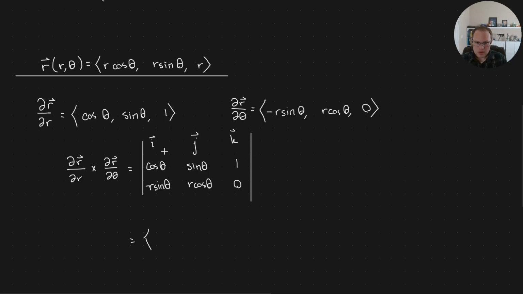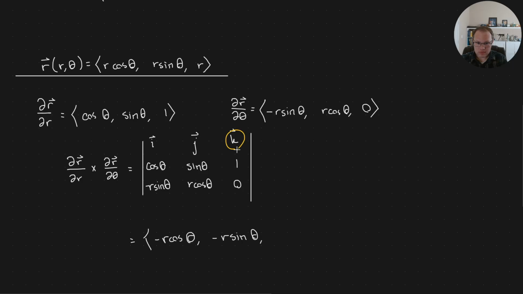Okay, so the i component, I get 0 minus r cosine theta. The j component, I get 0 minus negative r sine theta, so that's positive r sine theta. But since it's the j component, I get another negative, so it's going to be negative r sine theta.